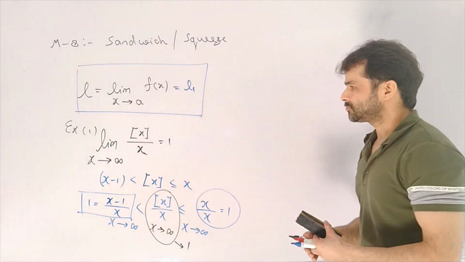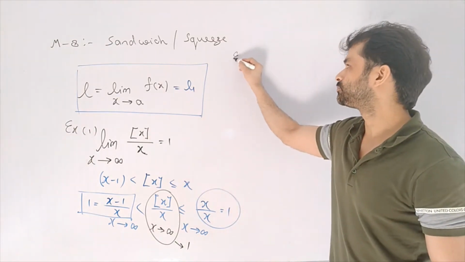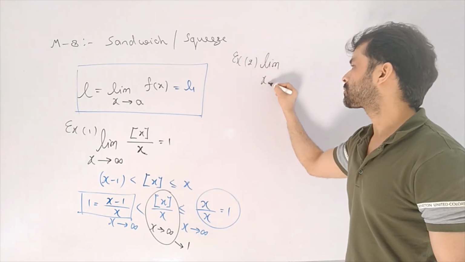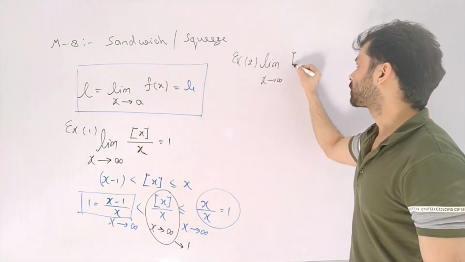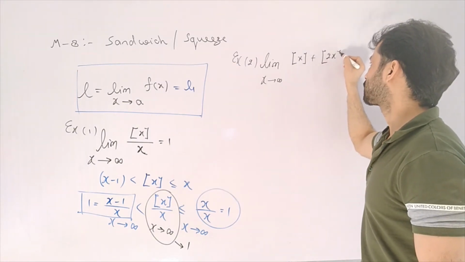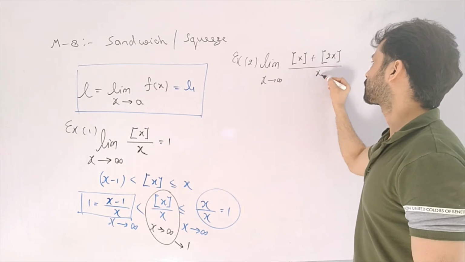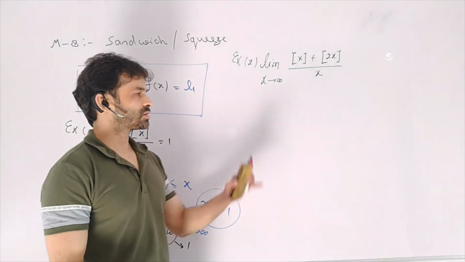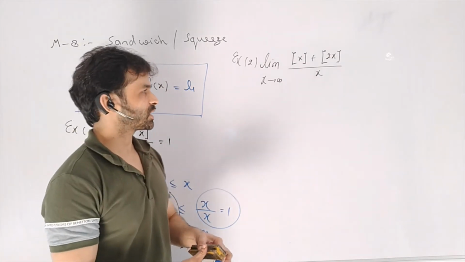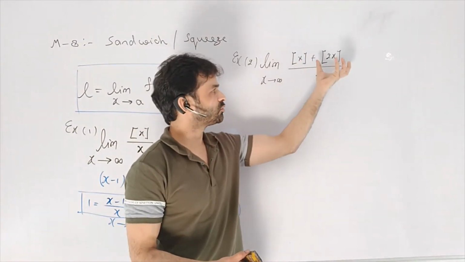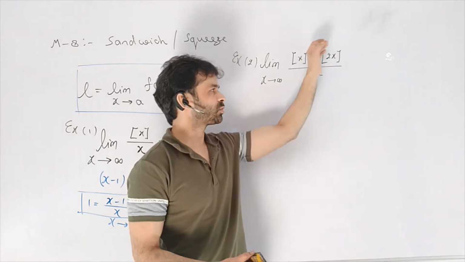So now let's say we have another example. Limit x tends to infinity, (greatest integer x plus greatest integer 2x) by x. Right now we cannot solve this limit because we cannot simply remove the greatest integer function. Once you can remove it, then you can add and find the limit.